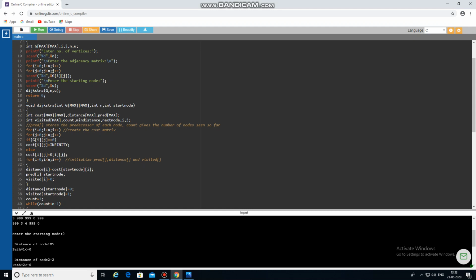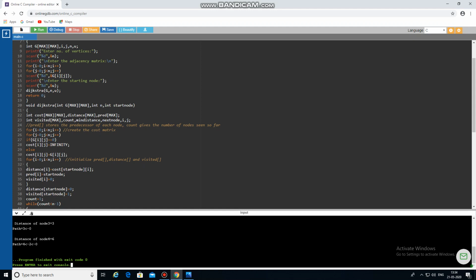From node A, to B it is 5, that is 0, 1, a direct connection, direct path. From node A to C it is 2, direct, right? Node D it is 3. For node 4, or E, we have different paths.